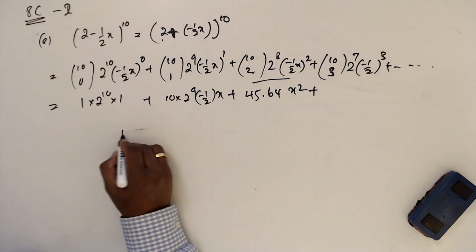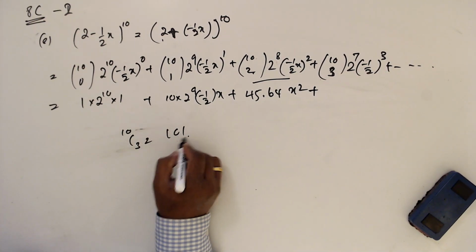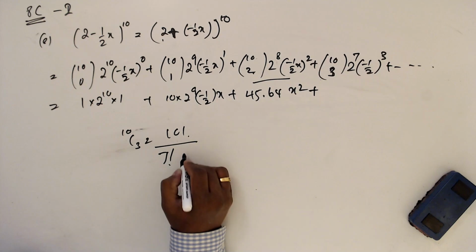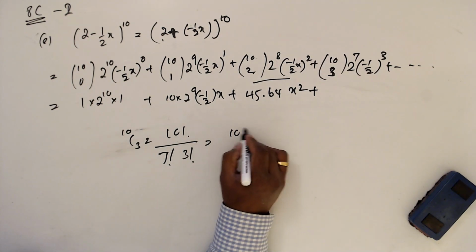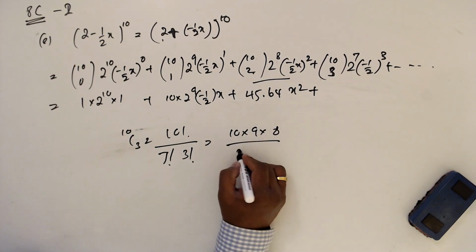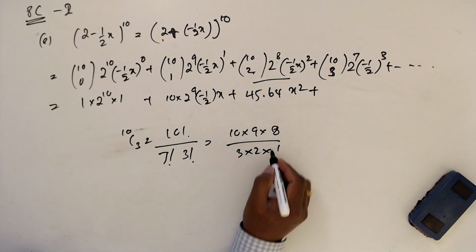And 10C3, 10 factorial over 7 factorial and 3 factorial. 10 times 9 times 8 over 3 times 2 times 1.